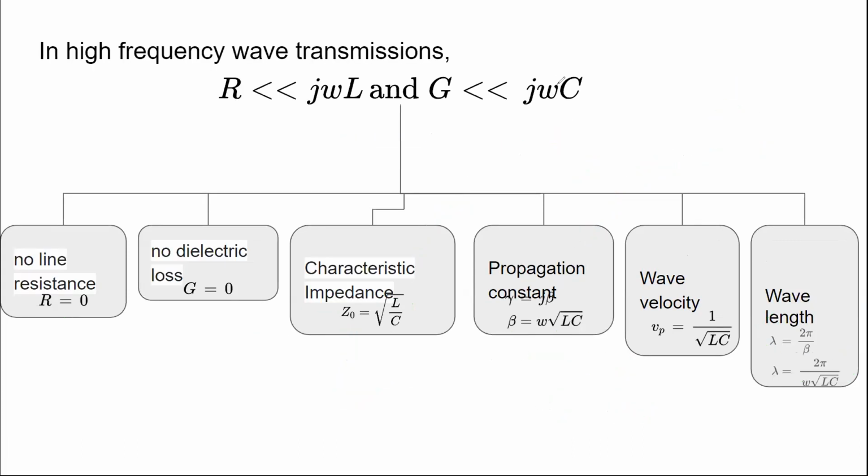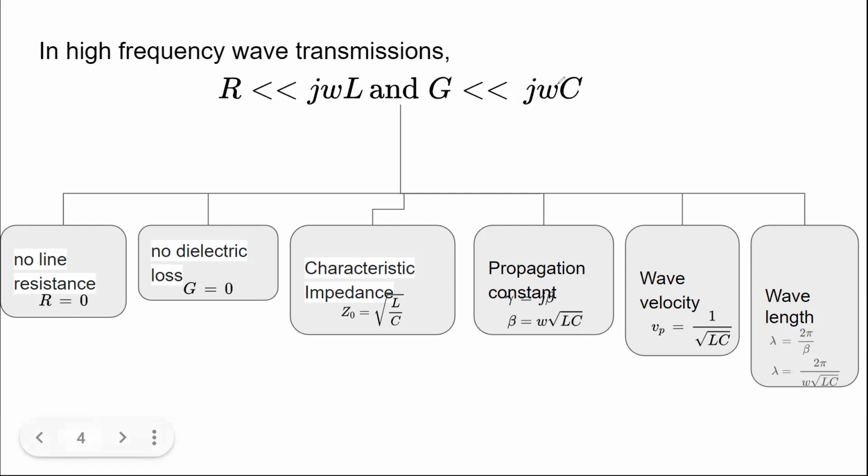Also, in most high frequency transmissions, as I said before, we have the resistance very negligible when we compare with the inductance caused by the currents going across the transmission line. And then we have the conductance very small and negligible compared to the capacitance that is created across the transmission line.